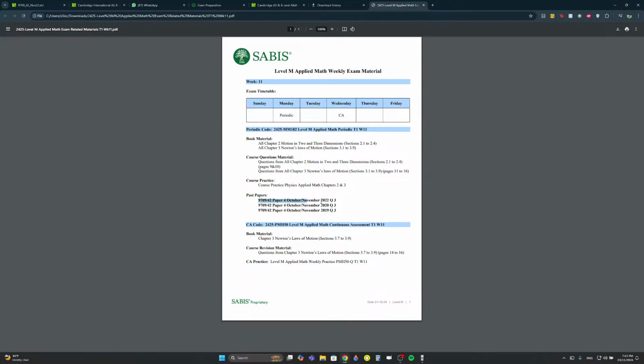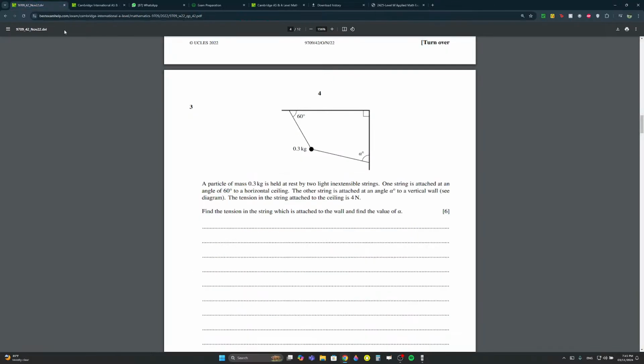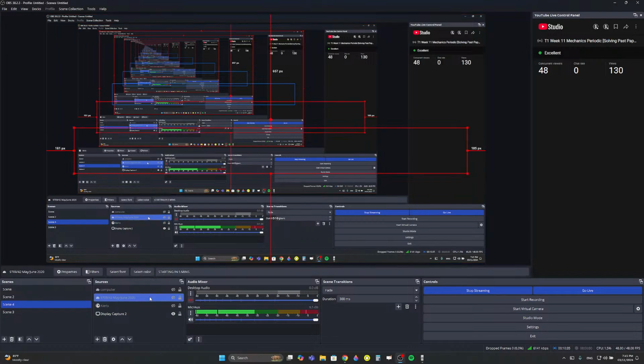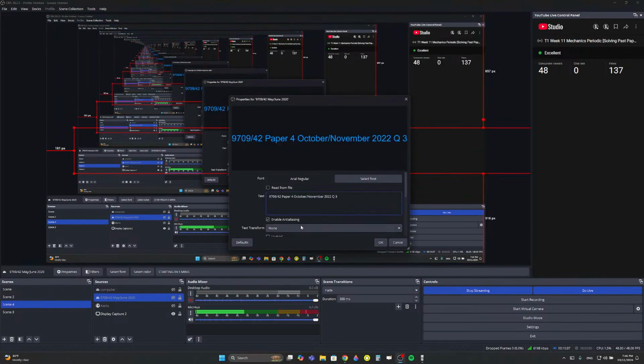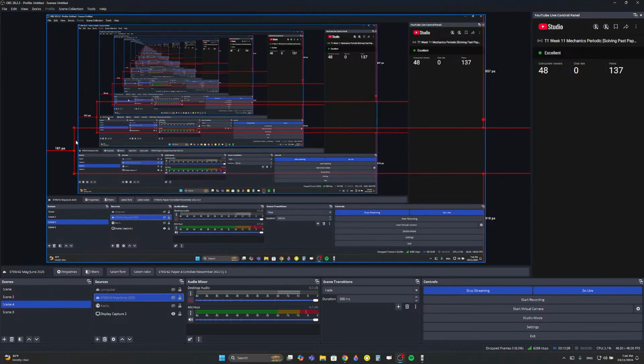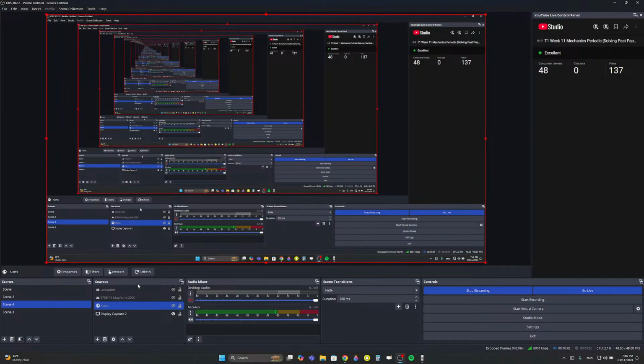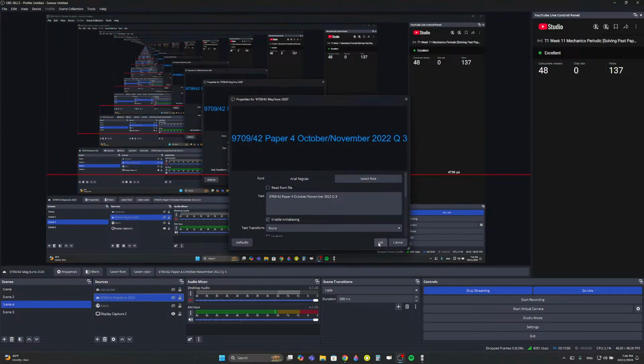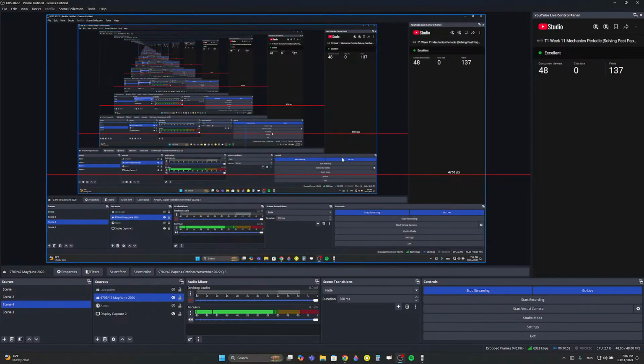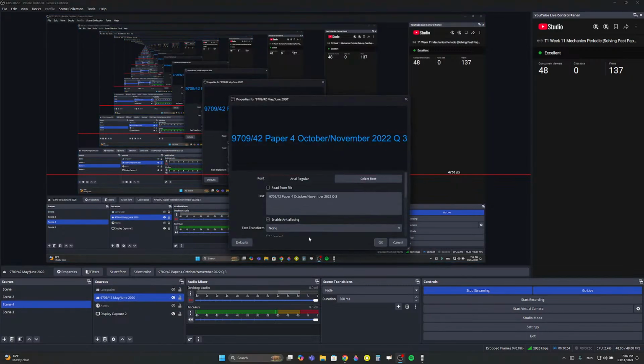Let me just copy this and I'll put it in the text at the bottom here. Where is it? Where is it? How did this?